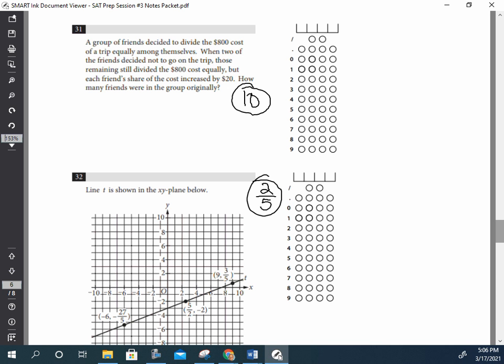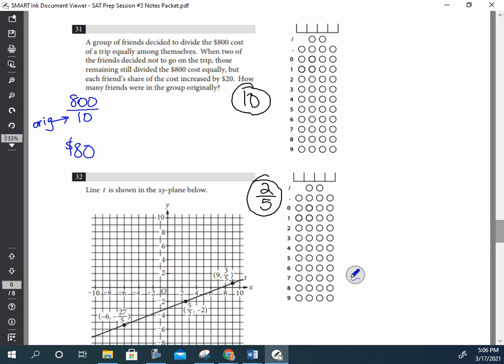What I would do is pick a number that you feel would work out. I'm always a person that's going to start out with whole numbers. So we're going to start out with 10. 800 divided by 10 gives you $80. So if I originally had 10 friends that went, they're going to pay $80 each.